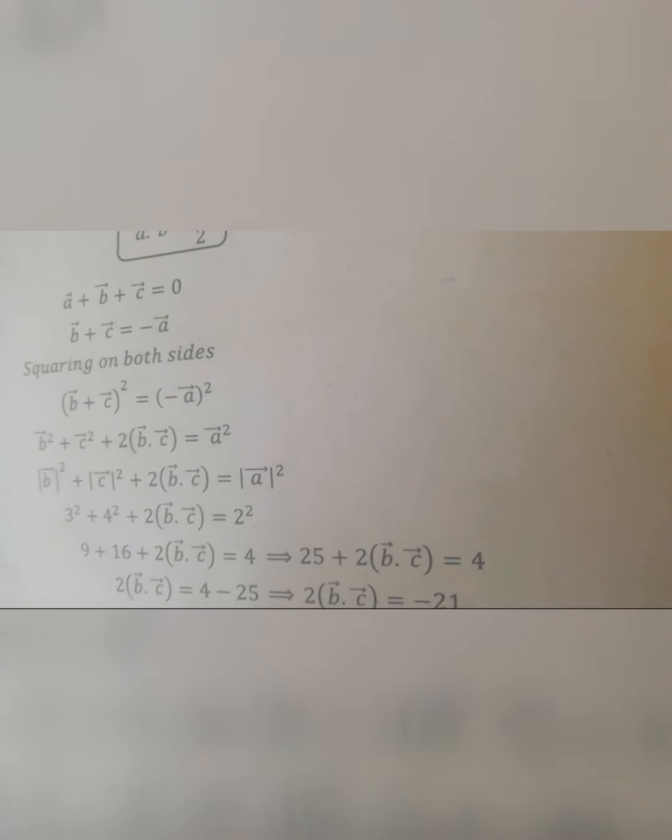Next again you can take the same condition A vector plus B vector plus C vector equal to 0 vector. Now you can find the B dot C. So you can keep it B vector plus C vector. A comes this side means we get minus A vector. Squaring on both sides. The same steps, only the terms differ. So B plus C whole square, using the formula A plus B whole square, means B vector square plus C vector square plus 2B dot C, in vector form equal to A vector square.